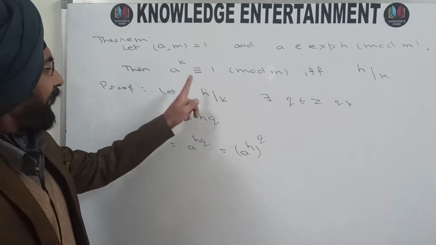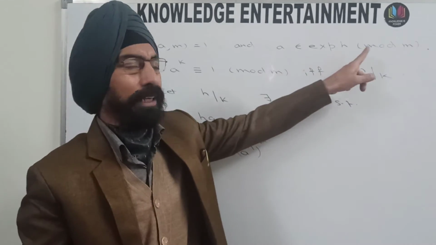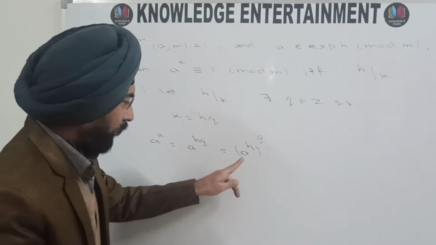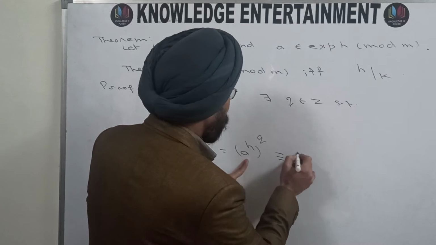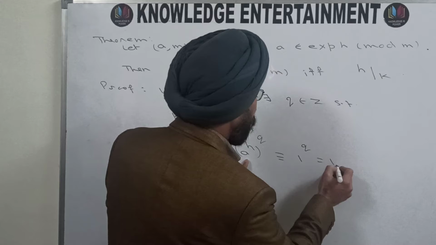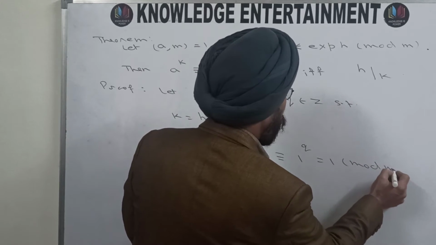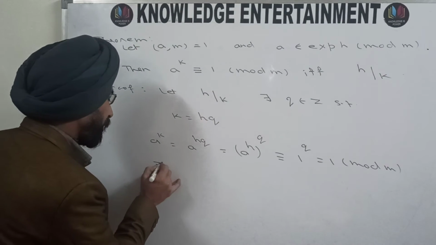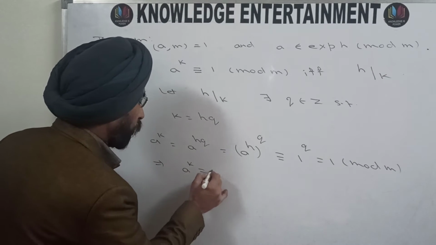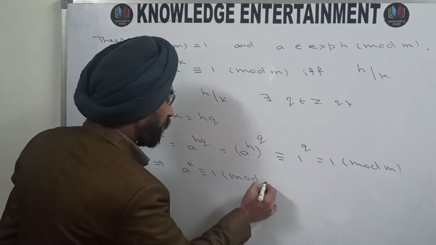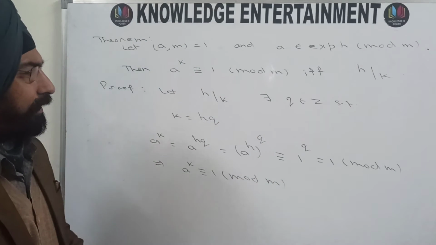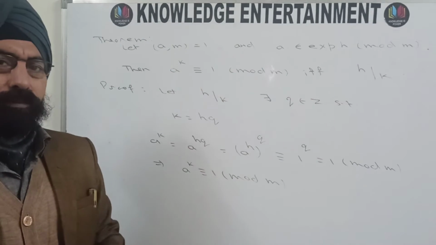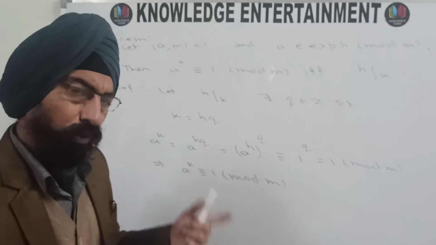And a raised to the power h is congruent to 1 modulo m, since a belongs to exponent h modulo m. So a power h is congruent to 1, and 1 raised to the power q is 1 modulo m. So a raised to the power k is congruent to 1 modulo m. That means we have proved that if h divides k, then a raised to the power k is congruent to 1 modulo m.